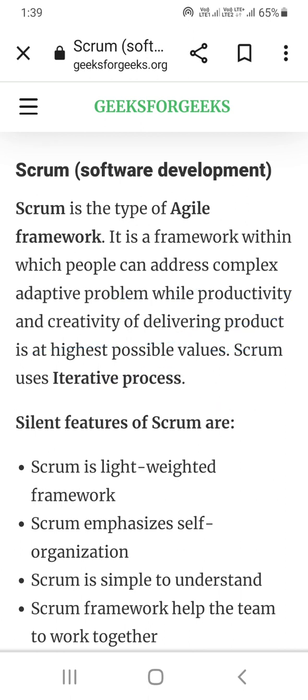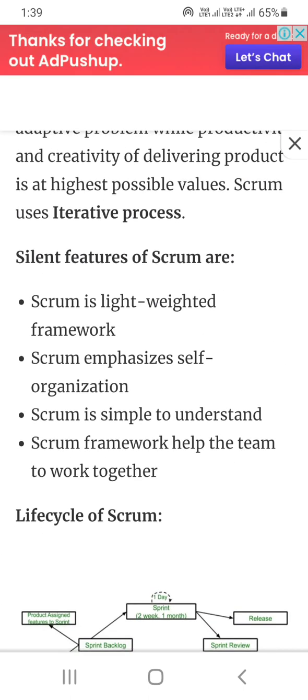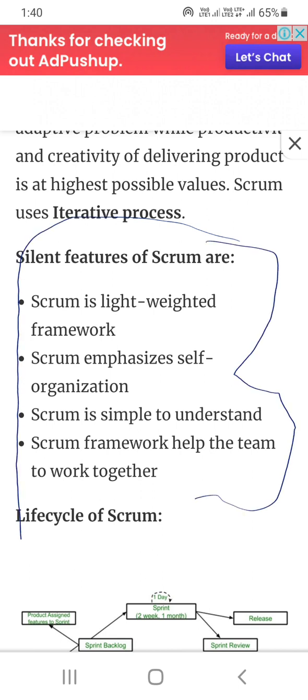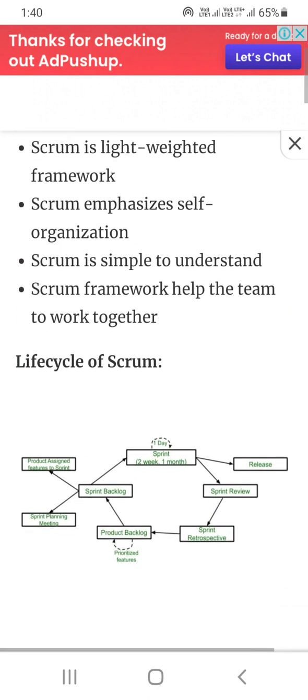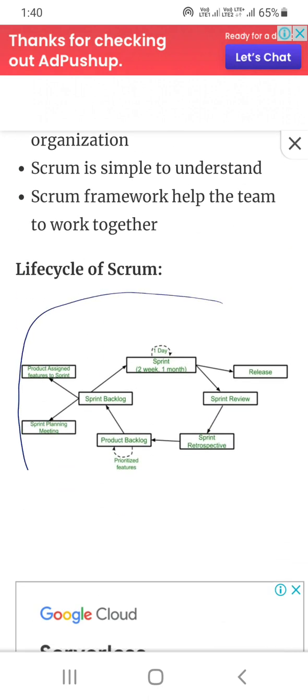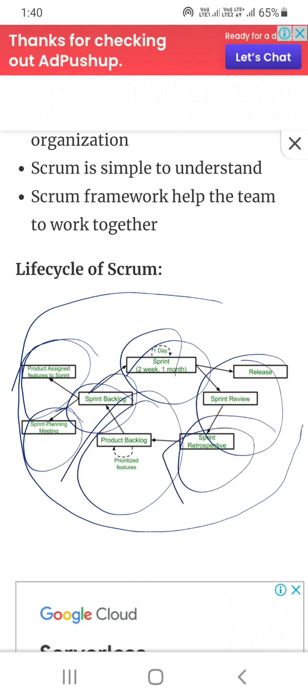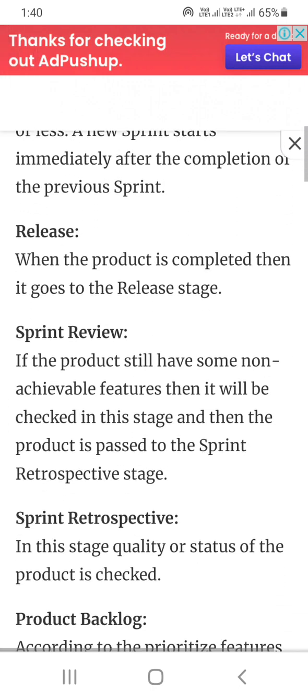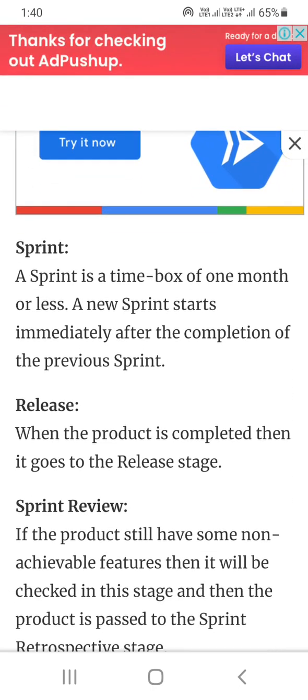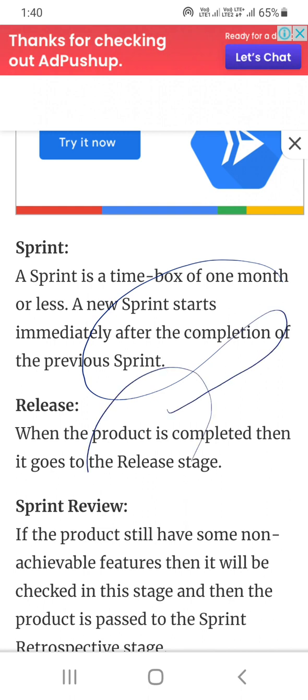Scrum is used for iterative processes. A key feature of Scrum is that it is a lightweight framework, and Scrum emphasizes organization. Scrum is simple to understand, and the Scrum framework helps teams work together. So this is the life cycle of Scrum: sprint planning, sprint backlog, product backlog, sprint retrospective, and sprint review. A sprint is a time box of one month or less, ending in a release and sprint review.